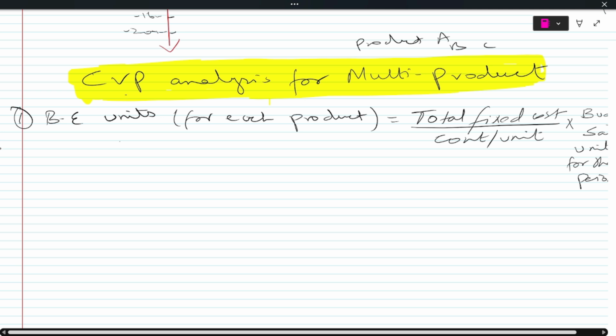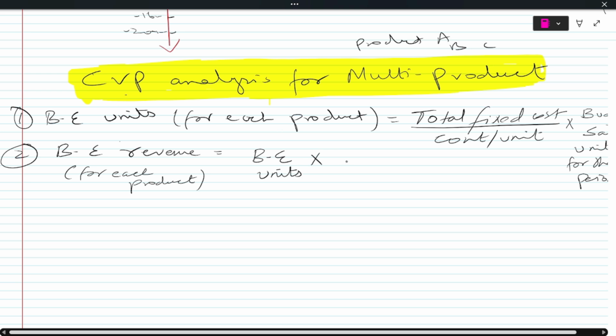Okay, now the second formula that we have is break even in terms of revenue, and this is also for each product. So if you have to calculate the break even revenue for each product, you can do that by taking the break even units that we calculated in the first part through the first formula, and you are going to multiply it with the selling price per unit of that product.